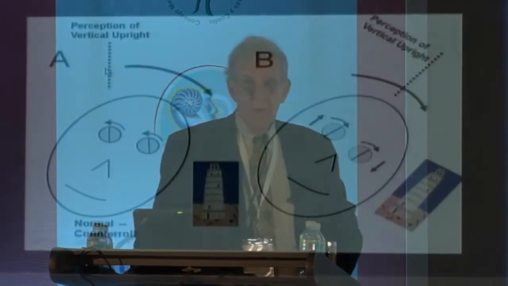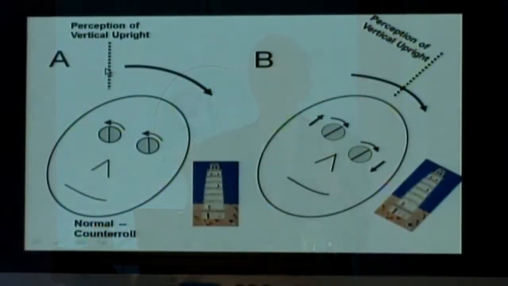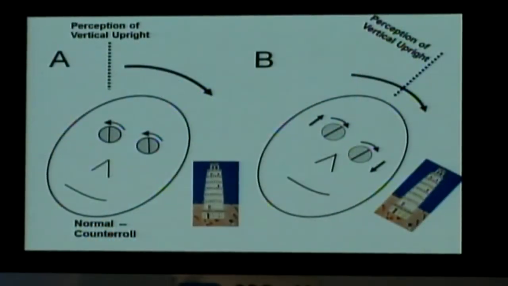But when there's an imbalance in the system, the rabbit comes out, and we become lateral-eyed, and now our perception of upright is tilted. The eyes are counter-rolled, but also skewed. You can see that in this diagram, and that's the ocular tilt reaction.